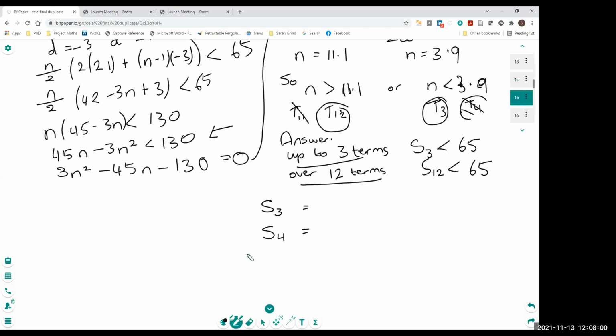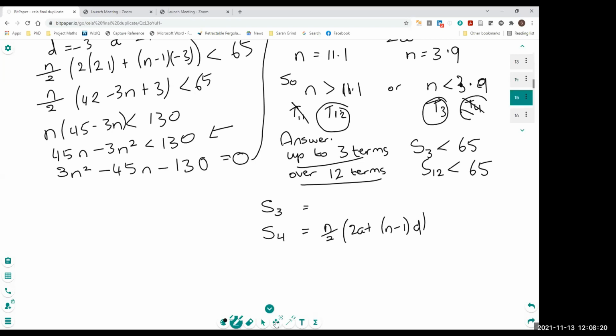So what's the sum of 4 terms? What's our formula for it?